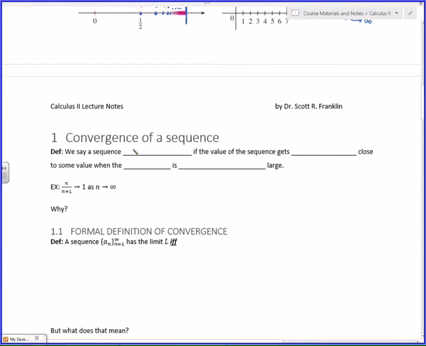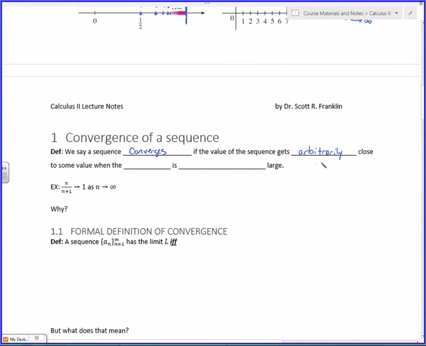We say a sequence converges, and again, this is the informal way of describing it, if the value of the sequence gets arbitrarily close.